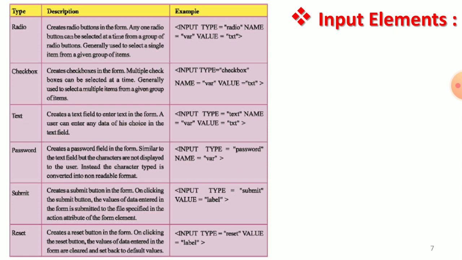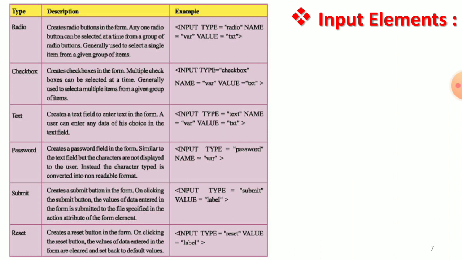In this purpose, it creates a radio button in the form. Any one radio button can be selected at a time from a group of radio buttons, generally used to select a single item from a given group of items. That is a radio button.